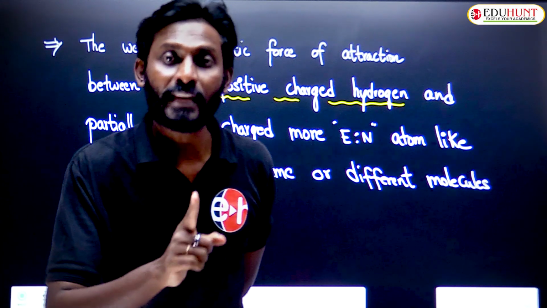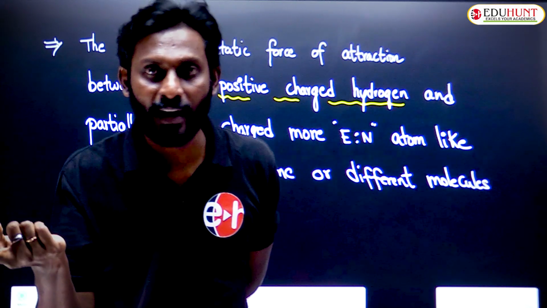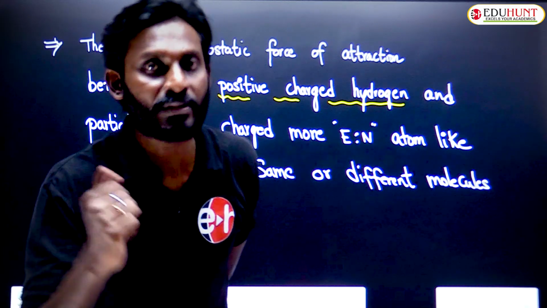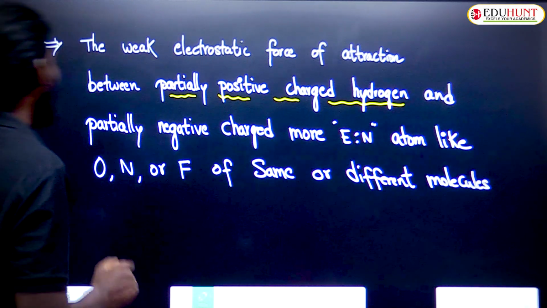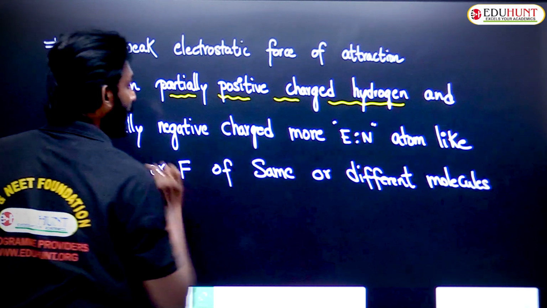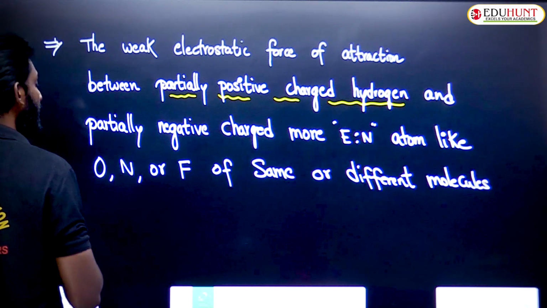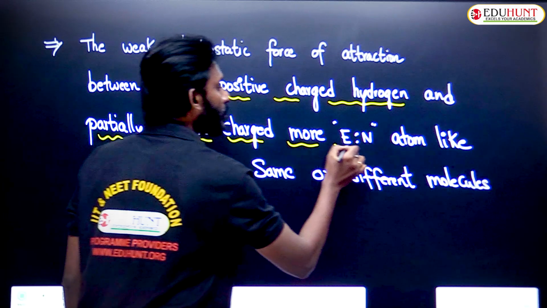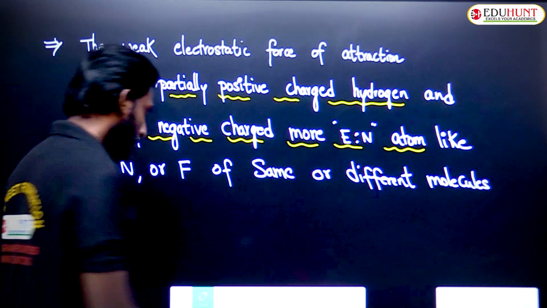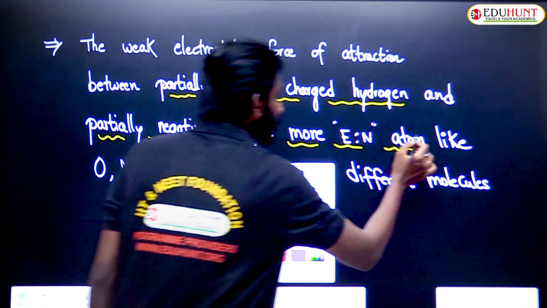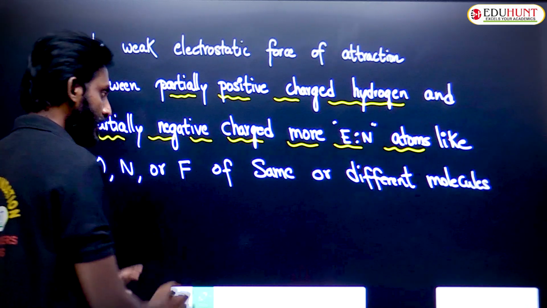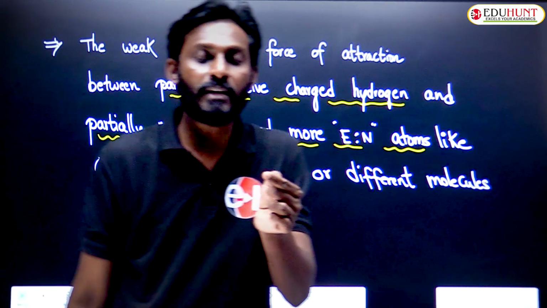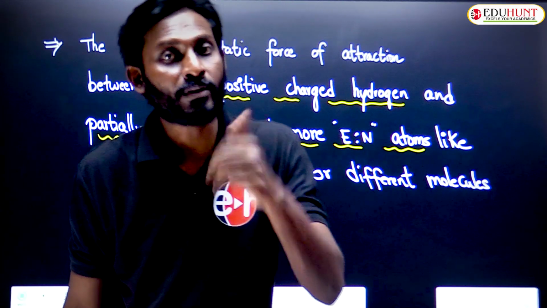Whenever the hydrogen is present on a more electronegative atom, only then is hydrogen with partial positive charge possible. So partially positive charged hydrogen and partially negative charged more electronegative atoms. This is very important to understand. Hydrogen must be present on partially negative charged more electronegative atoms.